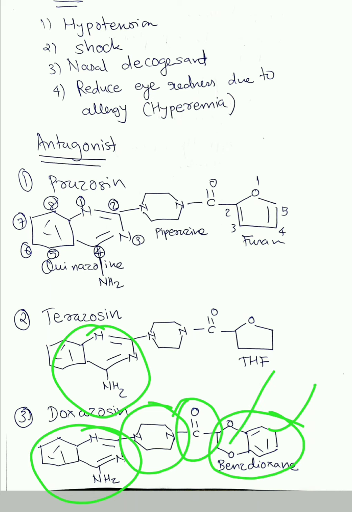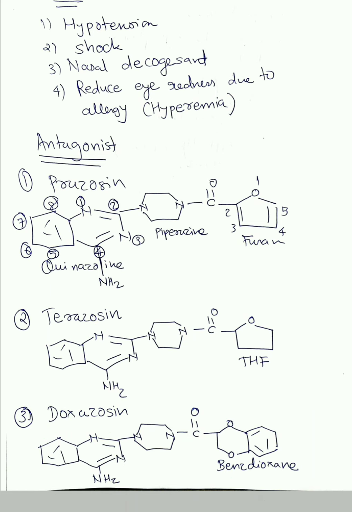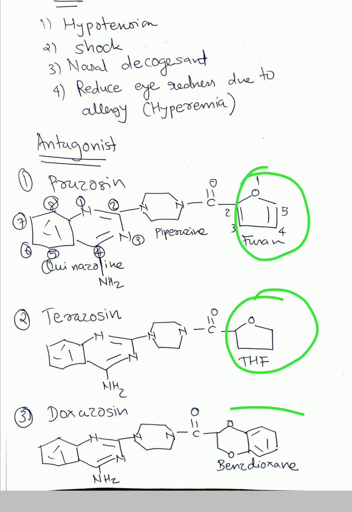Benzene. And what is this? Dioxane. Di means 2, ox means oxygen, on the 1st and 4th positions, 2 oxygens are there. A 6-membered ring combined with a benzene ring will give you benzodioxane. So guys, the only difference is here: furan, tetrahydrofuran and benzodioxane. The rest of the structure is the same in all 3 drugs. Here also benzene is easy, you just have to remember dioxane.